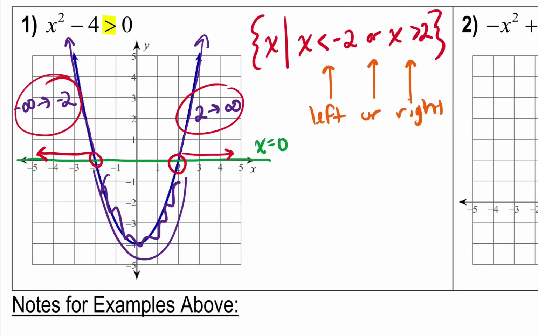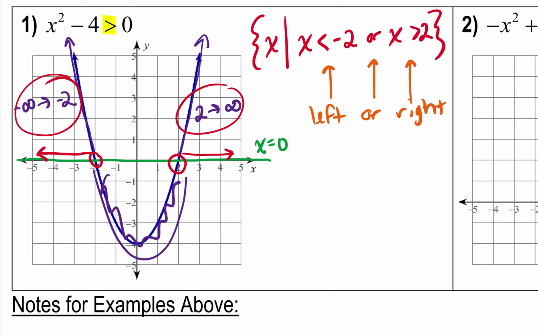Now that's only if it's split. If it's split, I have to write it like this. There are other ways that you can write different forms, but this is the form that's easiest, probably, in my opinion. So I just do left or right.